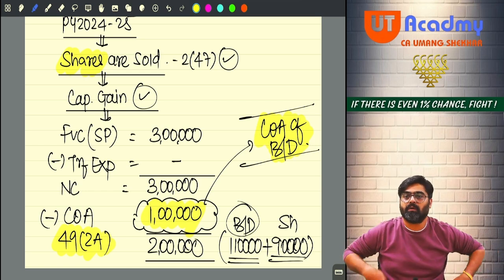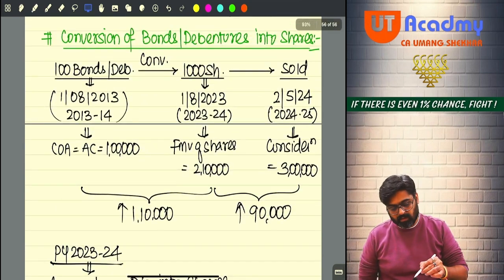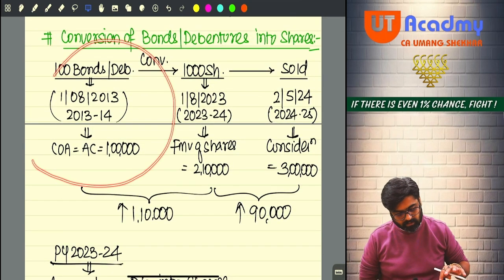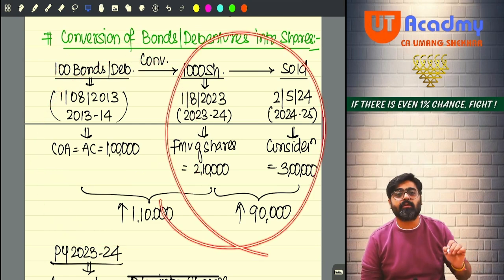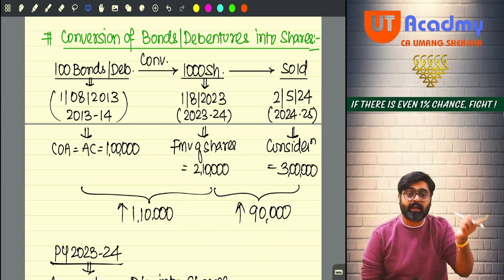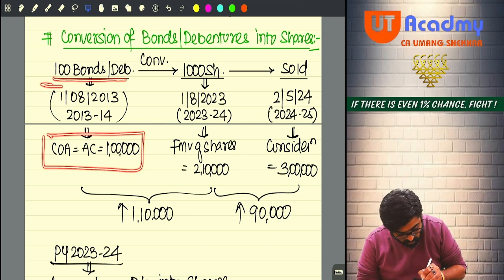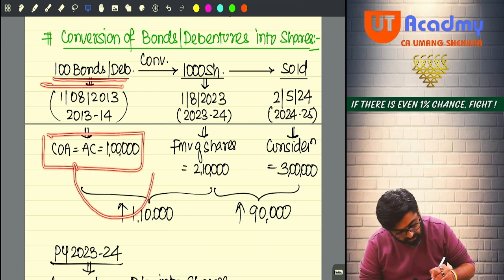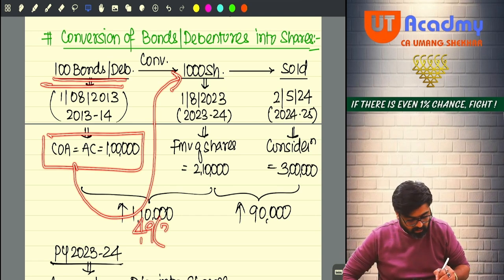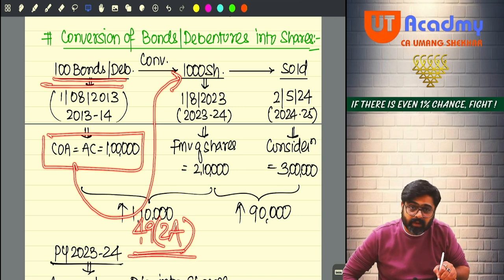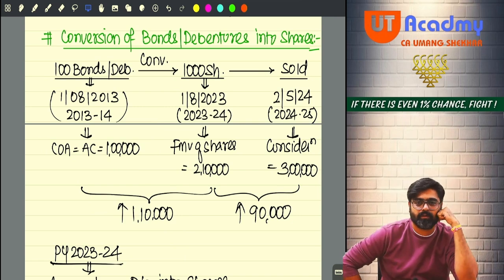Yes or no? So can I say the gain for this period is also taxed? Gain for this period is also taxed. Tax both the gains; the cost of acquisition of the bonds or debentures will be deemed to be the cost of these shares as per 49(2A). As per this section, this cost will be taken as the cost of your shares.